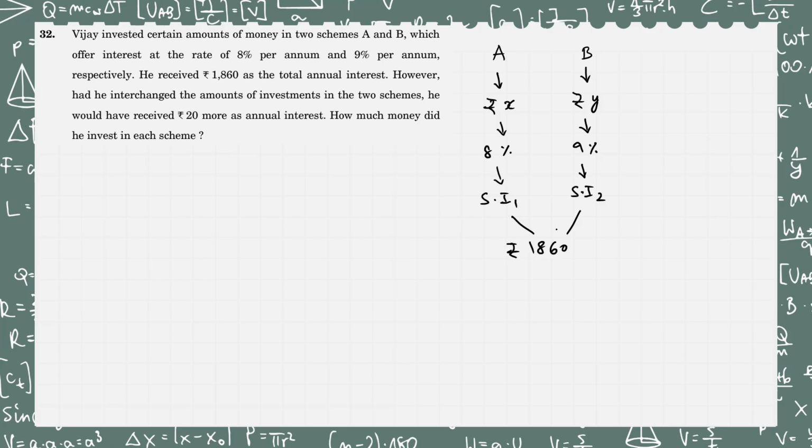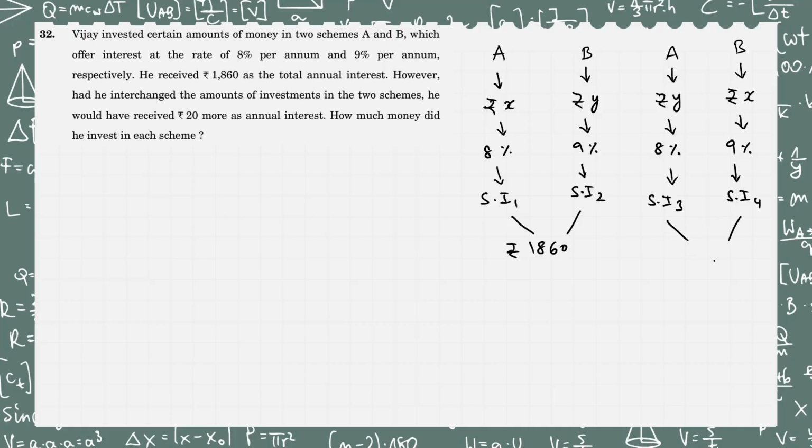1860 rupees, right? And what is given next is, if we have interchanged the amounts of investment, what does it mean? If in A scheme we have invested rupee Y, and in B scheme we have invested rupee X, A scheme always has the 8% interest rate and the B scheme always has 9% interest rate, and we will get SI3 and SI4 from these two investments.